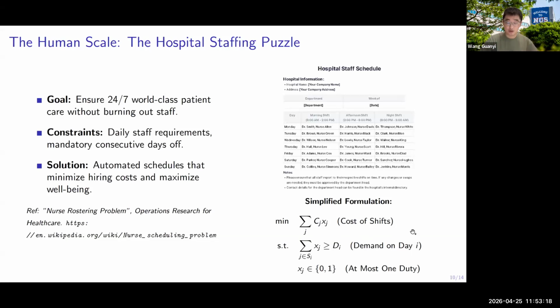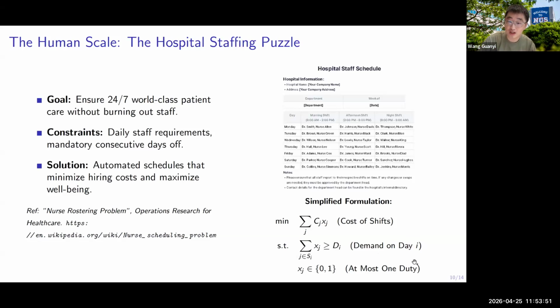Usually from Monday to Friday we need, say, 100 doctors. On the weekends, maybe this hospital always meets a high peak, so this d_i might be greater than on weekdays, say moving from 100 to 150.